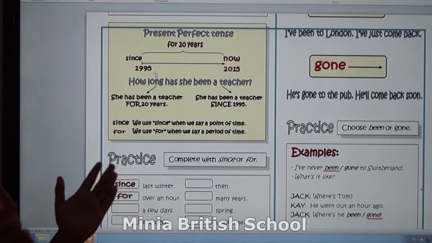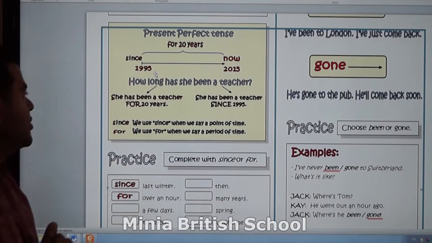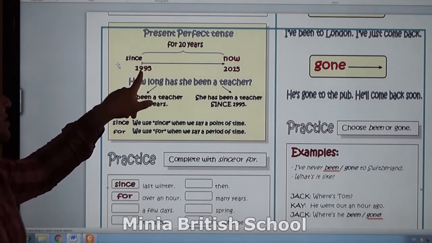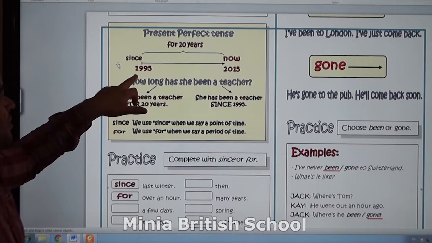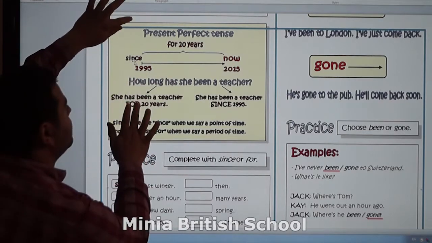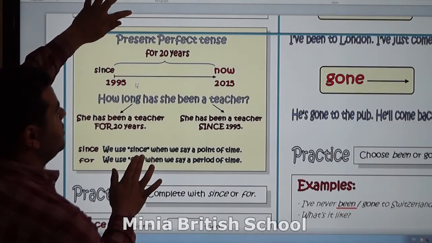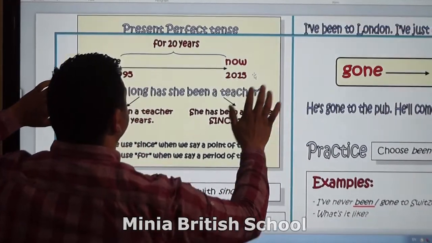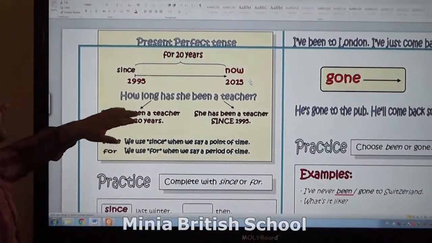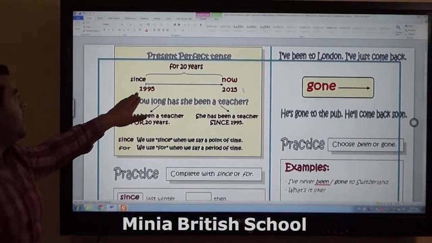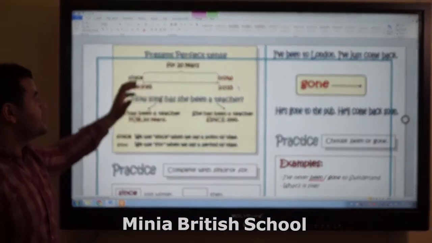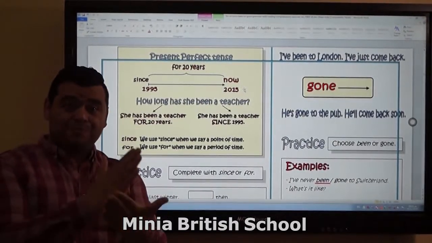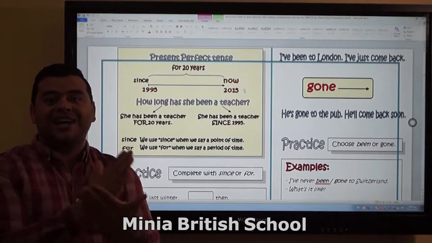Well, to answer this question, you need to understand something. First, imagine that this date is ready. For example, 1995. Since expresses the starting point or the start of the action.